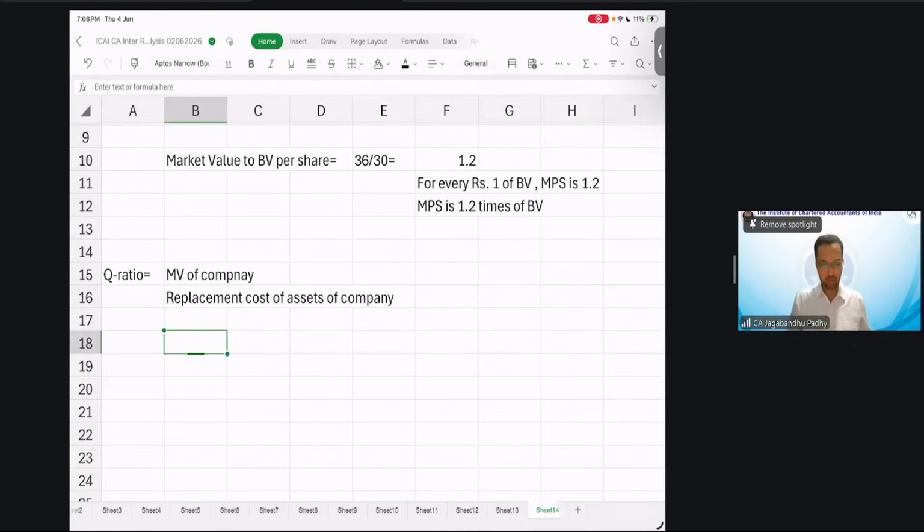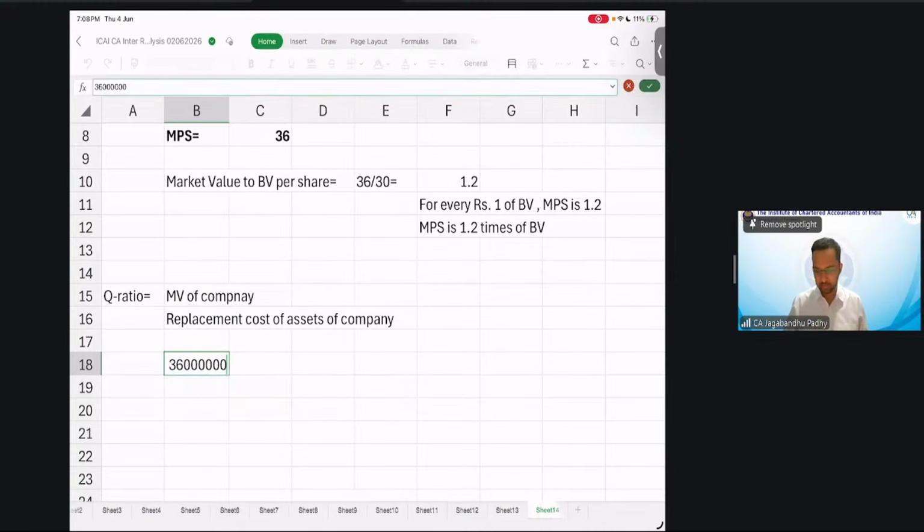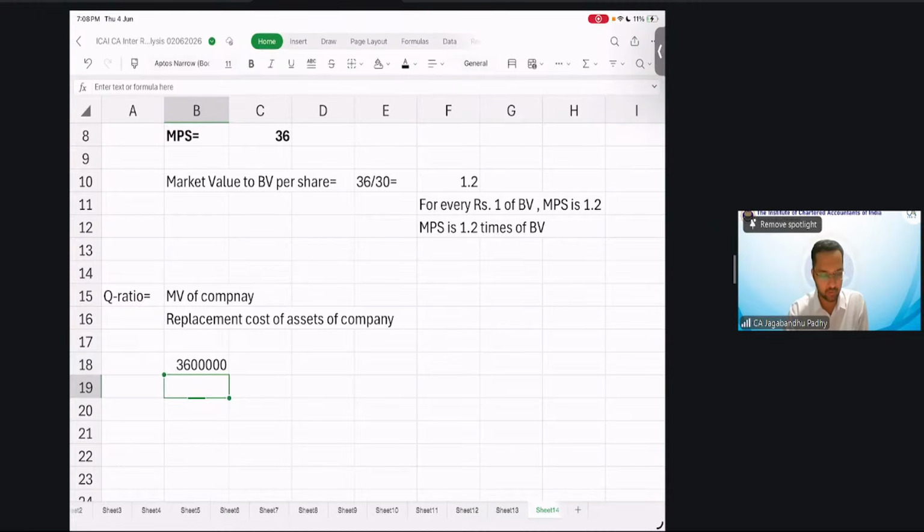So it is like, suppose the market value is, in our case, as we said, 36 lakh. And suppose we want to create a similar company now, and I need to get these assets which we have in the market in the company now. So we find that it's going to be 33 lakhs, let's say.